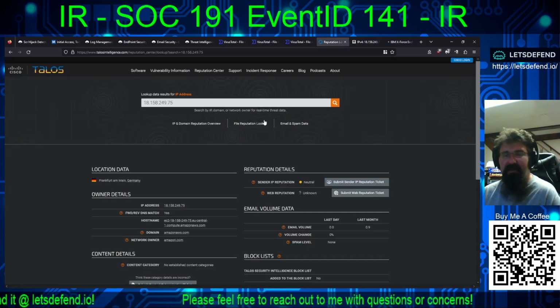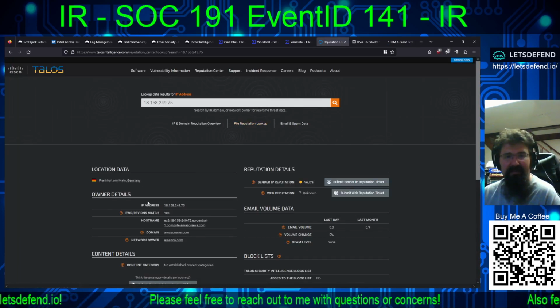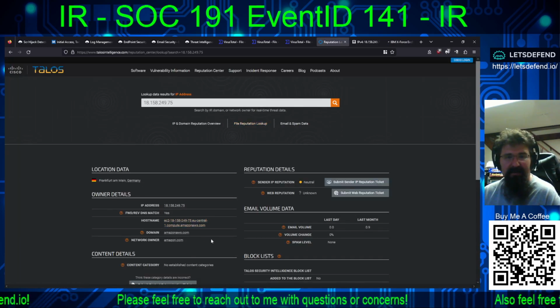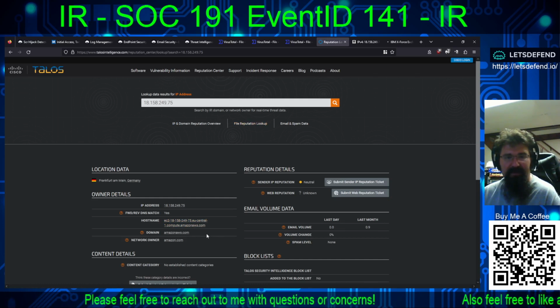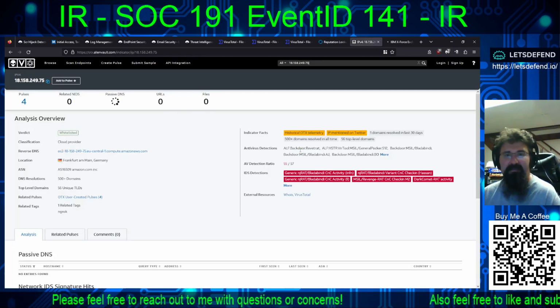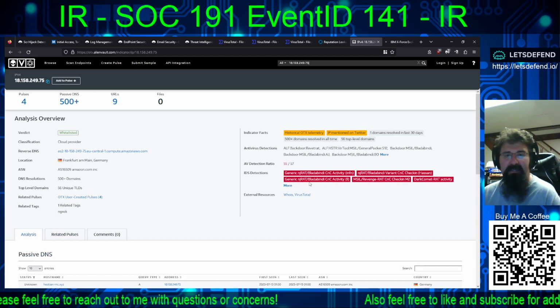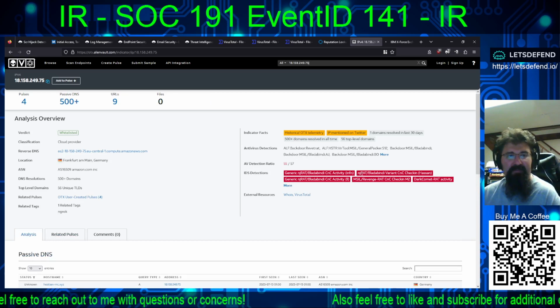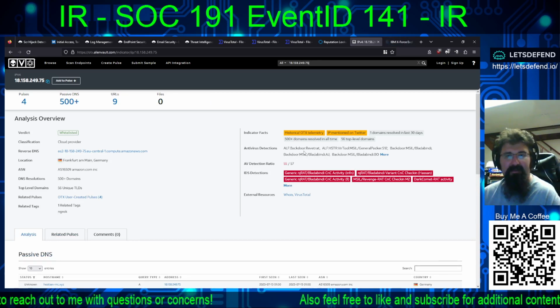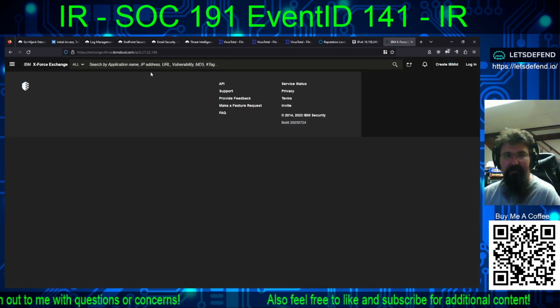exchange.xforce. I don't know why I have such a hard time with that. Well, compute instance for AWS. But it does have enough aspects if we pull it up.